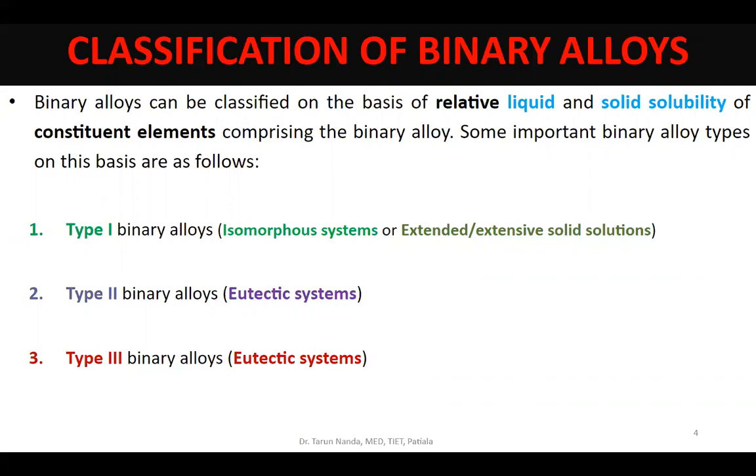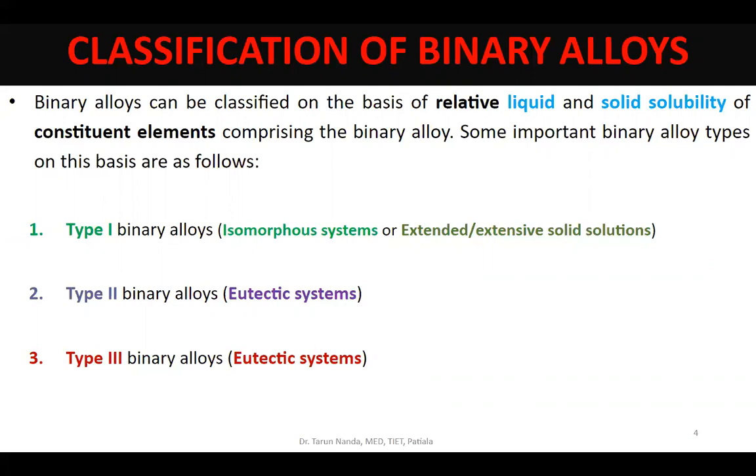And this classification is also done on the basis of certain reactions which the two constituent elements show against each other. But in our syllabus, we only have classification of binary alloys on the basis of the relative liquid and solid solubility of the two constituent elements.